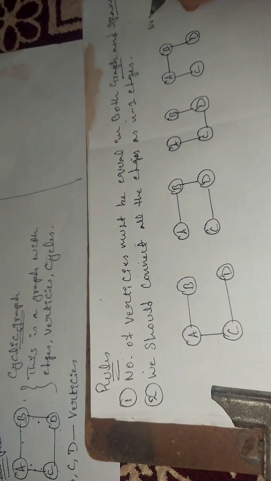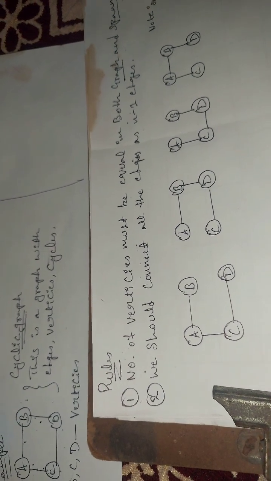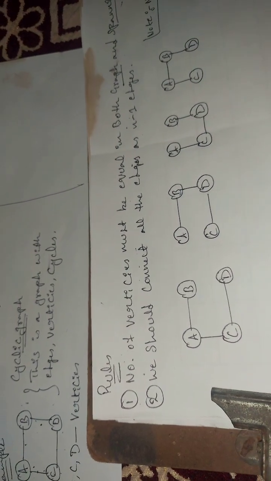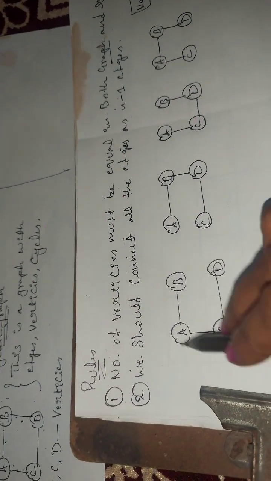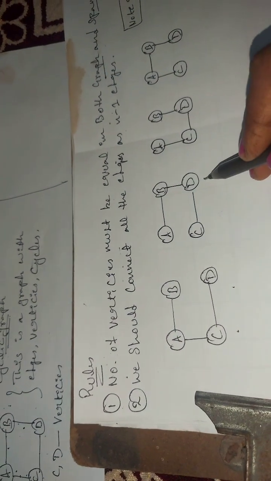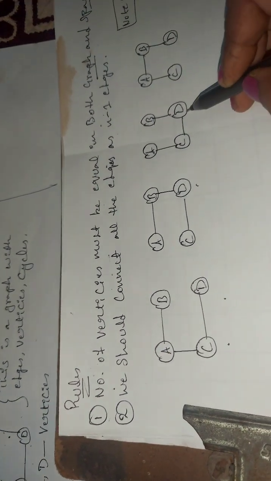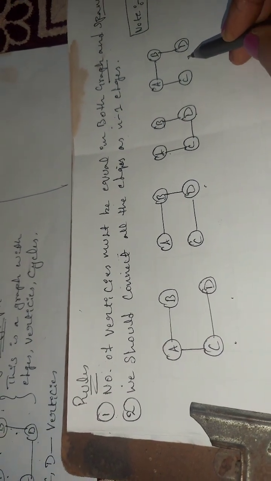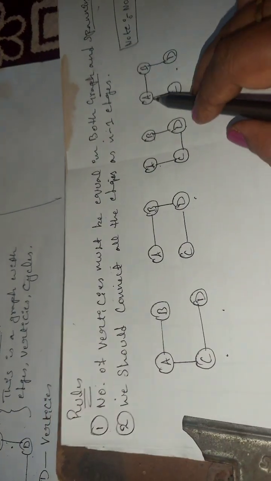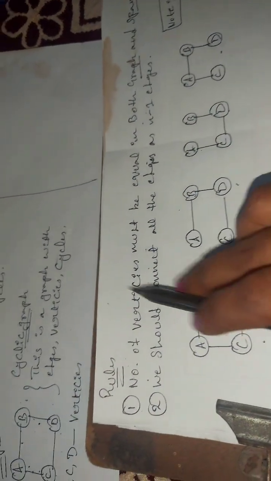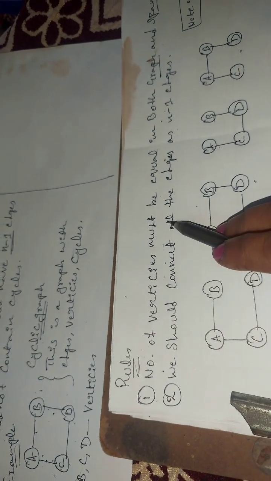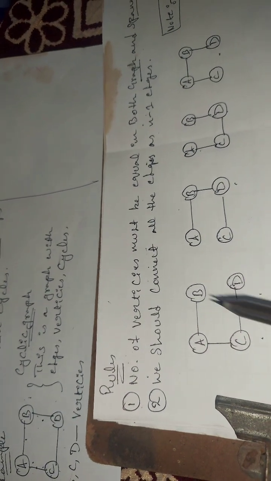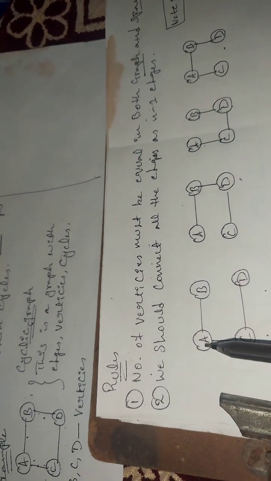Note that there are no cycles: these four graphs are not having any cycle. So this is one of the rules we discussed. Here n minus 1 edges is another rule.